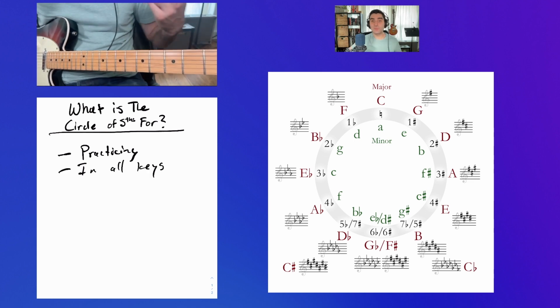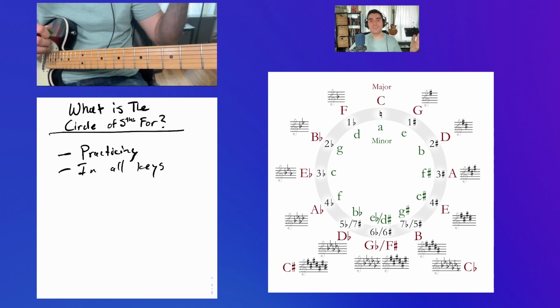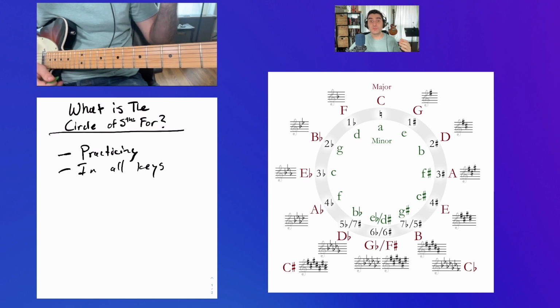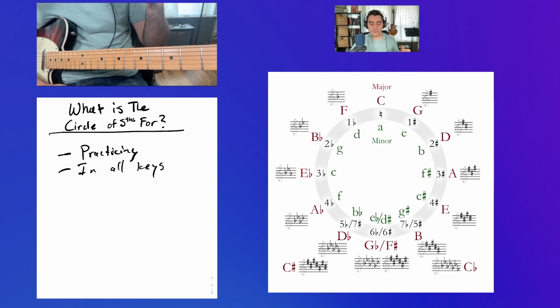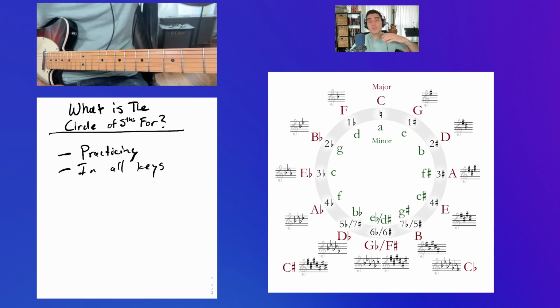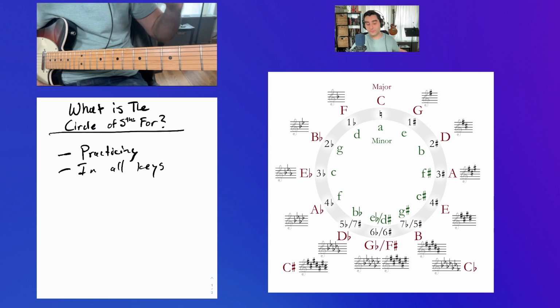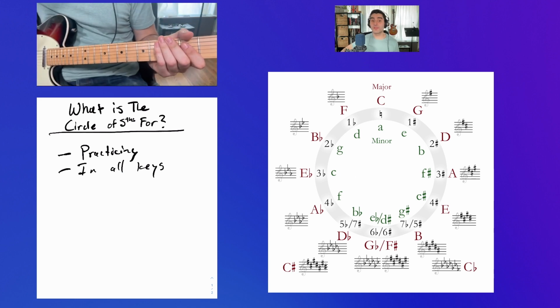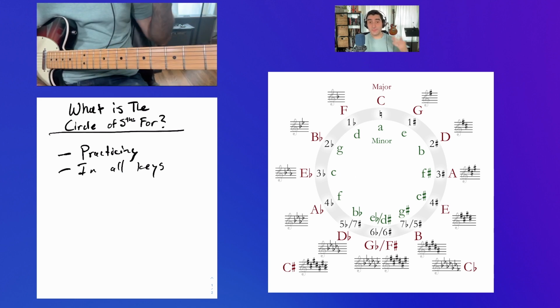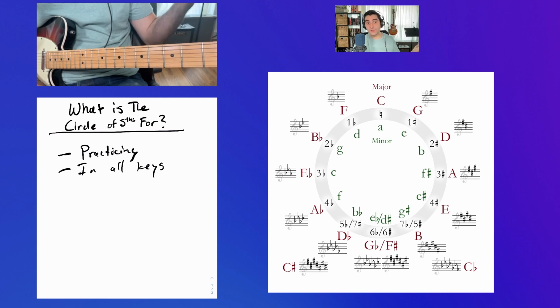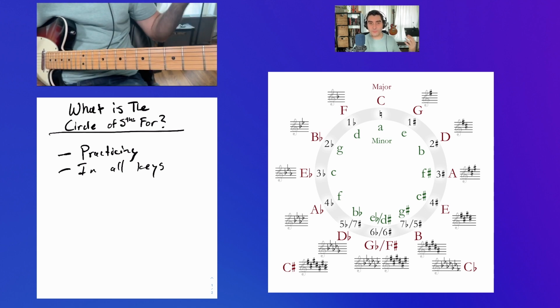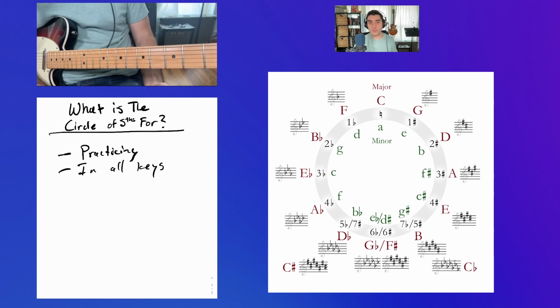It's a nice way to conceptualize how we can do things in different keys. Now, there's people who use it for conceptualizing the chords in a key and the relationships between keys, and while that's all well and good, this is the primary purpose. So what is the circle of fifths for? It's for practicing in all 12 keys.